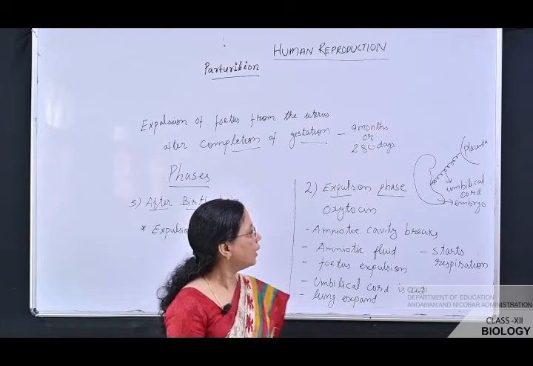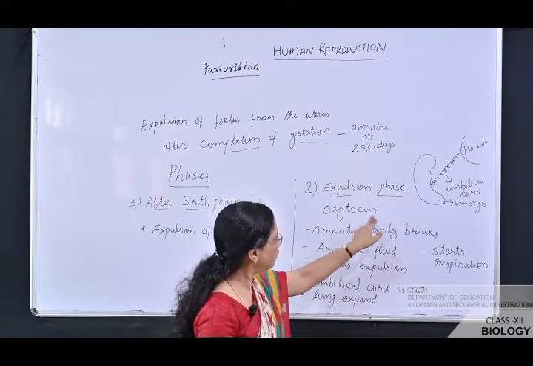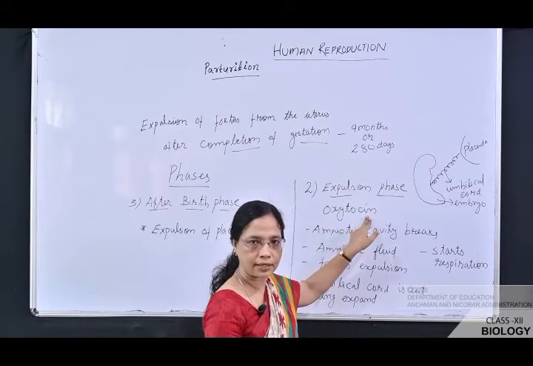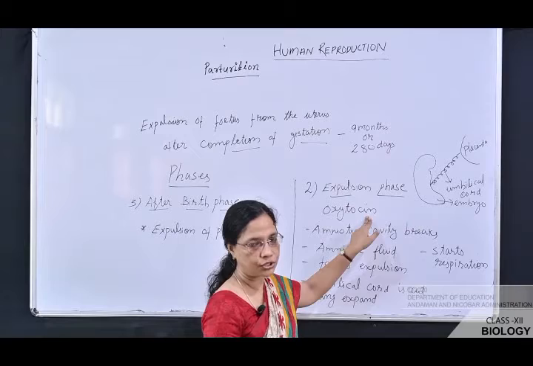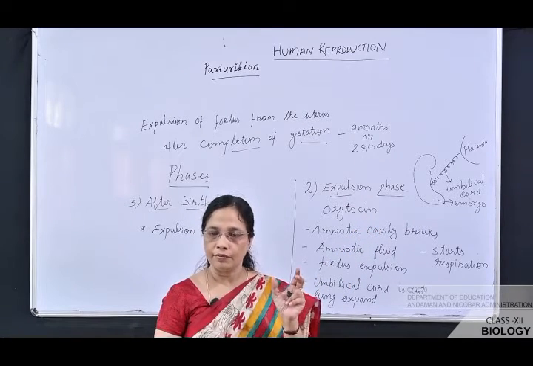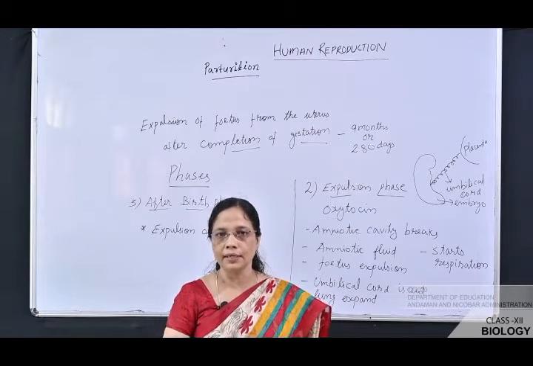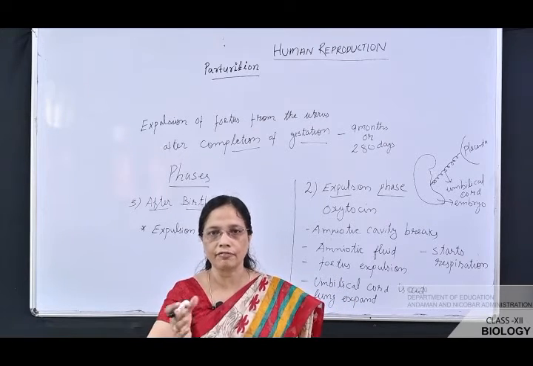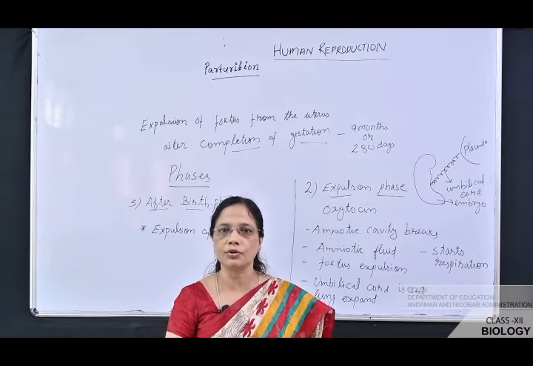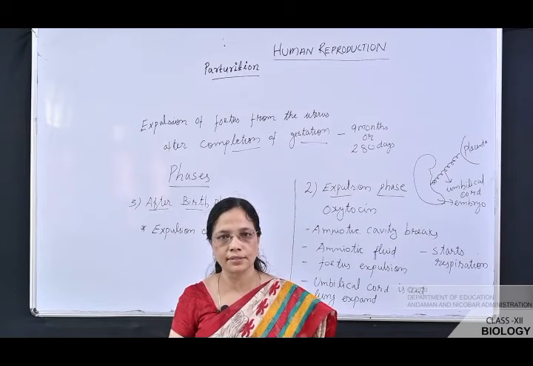Next is expulsion. What is expulsion? The main hormone involved in the process of expulsion is oxytocin, that is the birth hormone. When the fully formed fetus and the placenta release a factor, a reflex action takes place, known as the fetal ejection reflex, that contracts the uterus.